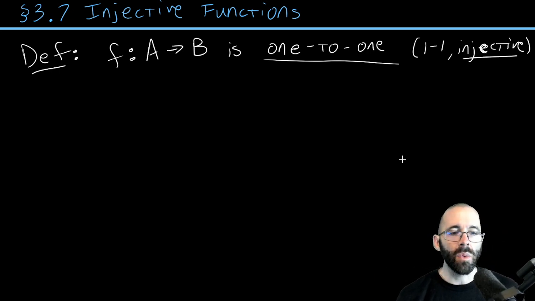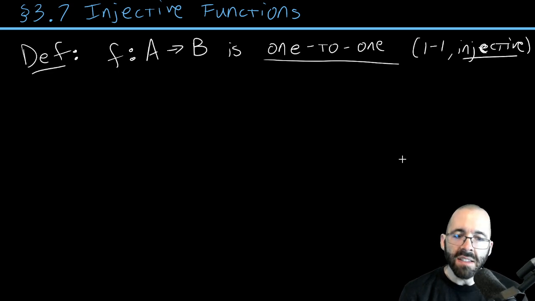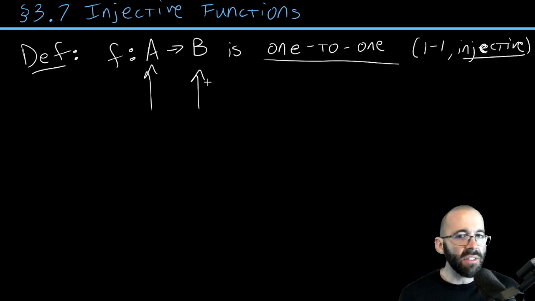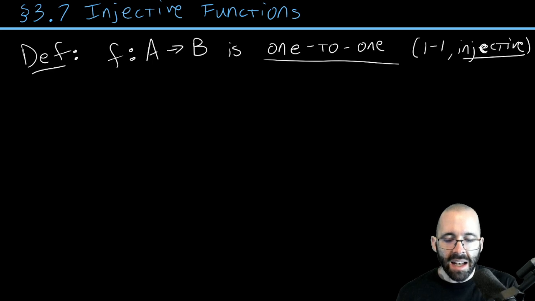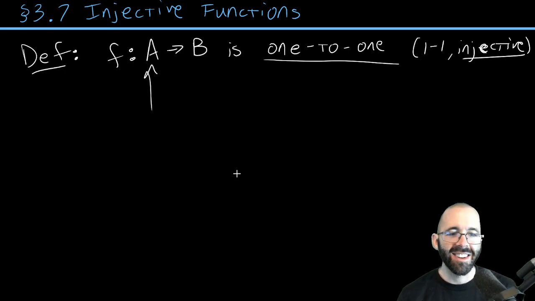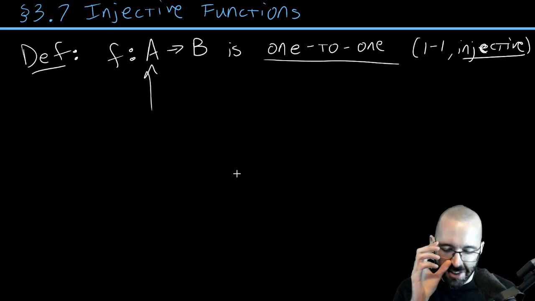So if you've talked about one-to-one functions before in a traditional math class, then this will be the same thing. We're just generalizing it to a larger framework, right? A more abstract framework. These don't have to be real numbers. These can be any kind of sets. They could be strings. They could be sets of sets. They could be sets of sets of sets of sets, right? Let's not go back to chapter 2 craziness, but it could be all those things.